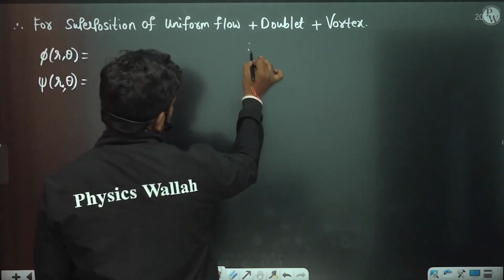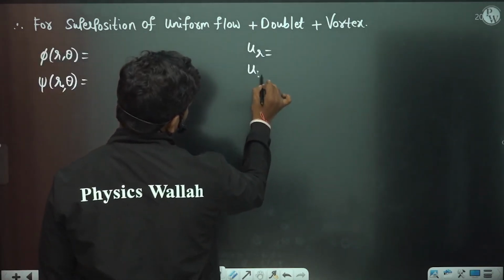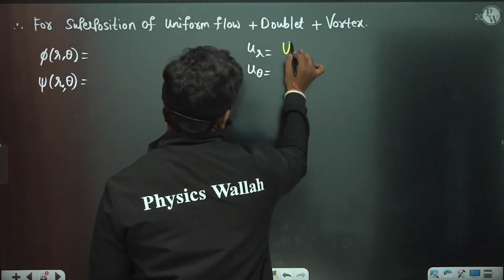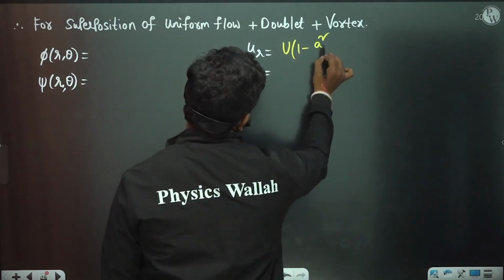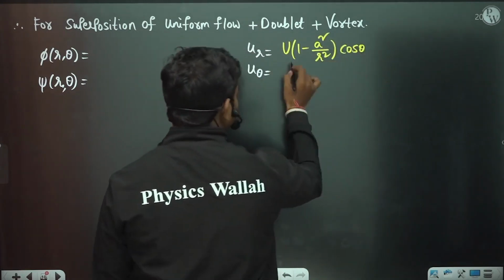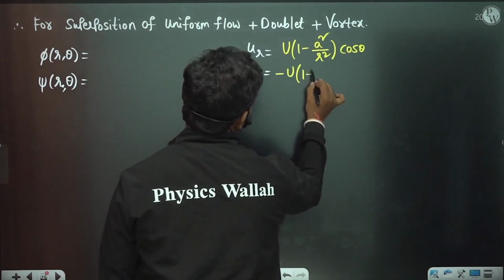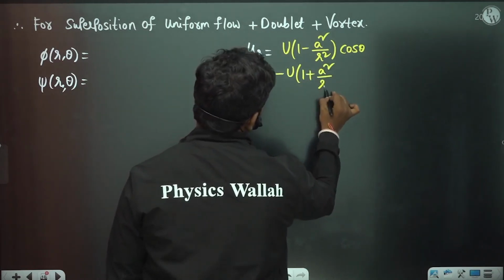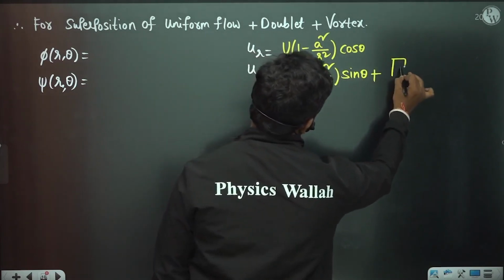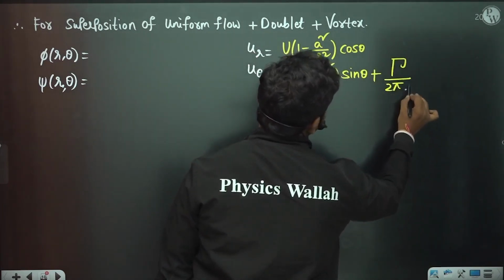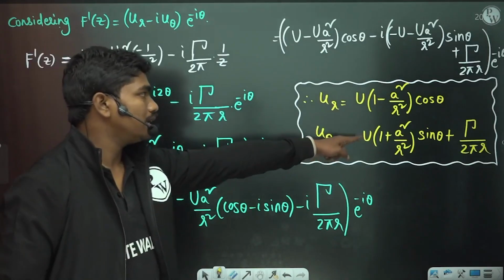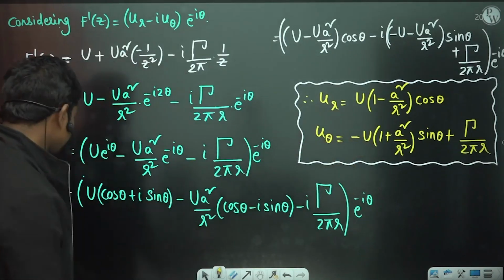And u r is equal to and u theta is equal to. So basically we know what is u r and u theta. u r is u times of 1 minus a square by r square cos theta, and here u theta is minus u times of 1 plus a square by r square sin theta plus circulation by 2 pi r. So this is the result that we got here.